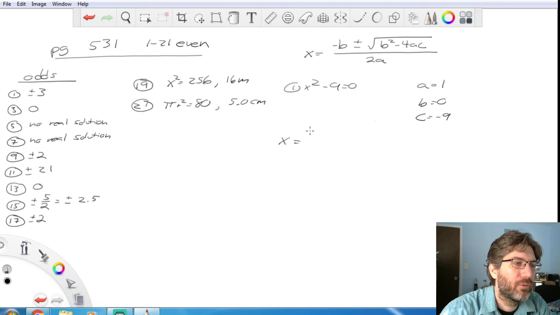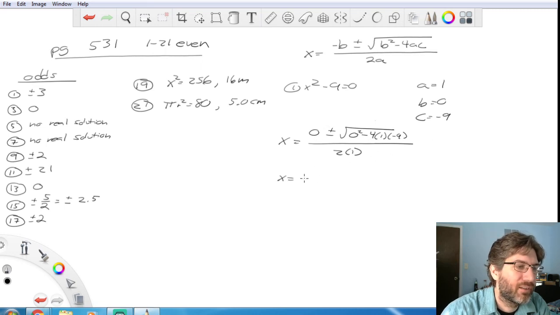So x equals 0 plus or minus the square root of 0 squared minus 4 times 1 times -9, all divided by 2 times 1. Plus or minus 0 is not going to do anything. 0 squared is 0. So you're going to get the square root of -4 times 1 times -9 over 2 times 1, which is 2.